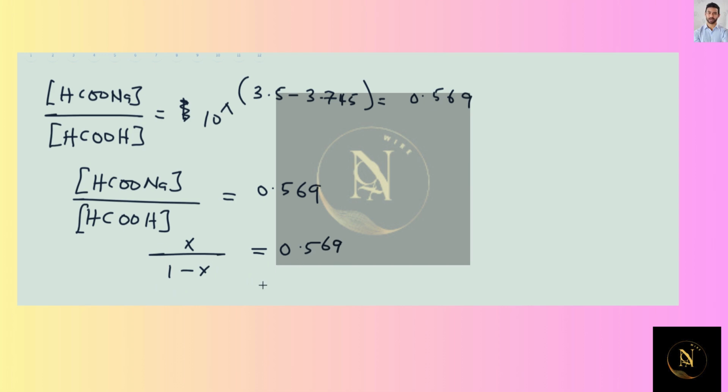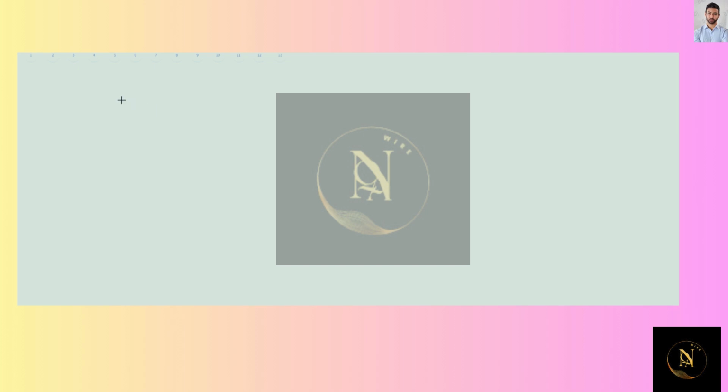So x equals 0.569 minus 0.569x. Then 1.569x is 0.569, right? So therefore, x would be equal to 0.363 liters.